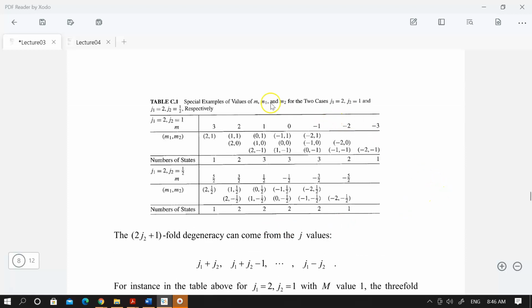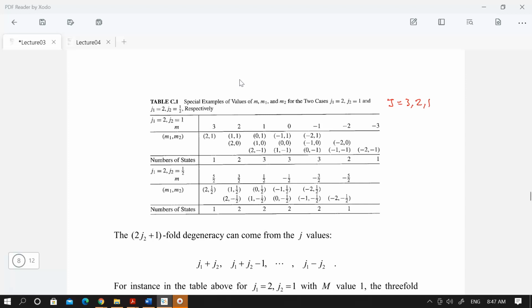Here is the case of J1 equals 2, J2 equals 1. In this particular case, your J should be 3, 2, and 1.